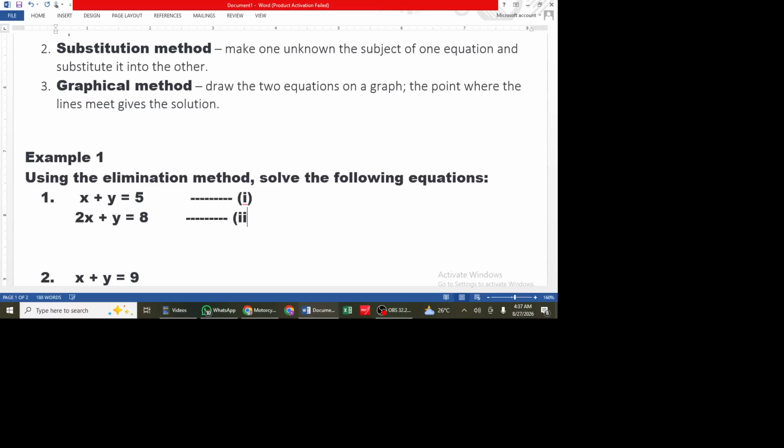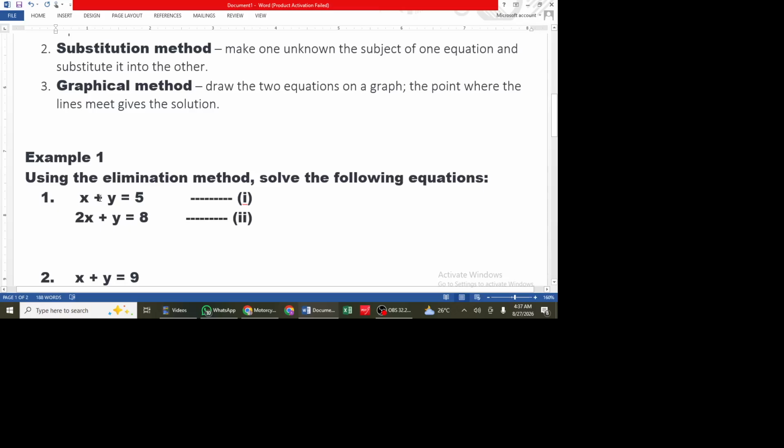Don't forget that the elimination method is about adding or subtracting. Then when are you going to add and when are you going to subtract? You add the two equations together when the two signs in the middle are not the same.